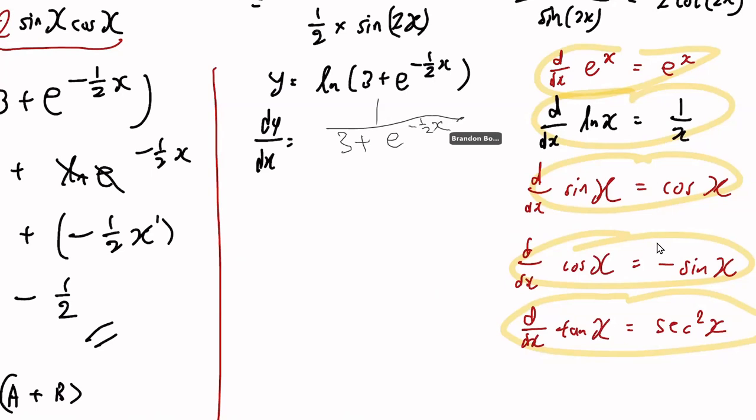Good. But this one, change to f(x). Then that means you need to use chain rule, right? So you still need times differentiate, then bring to the top. Which will just be e power minus half x. Copy the power, then times minus half.